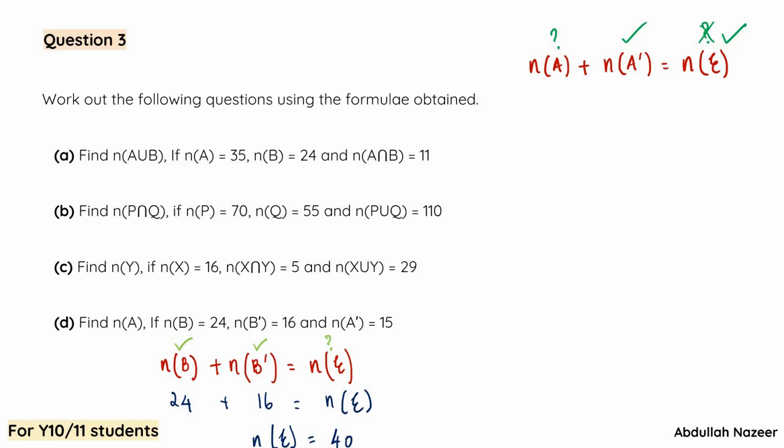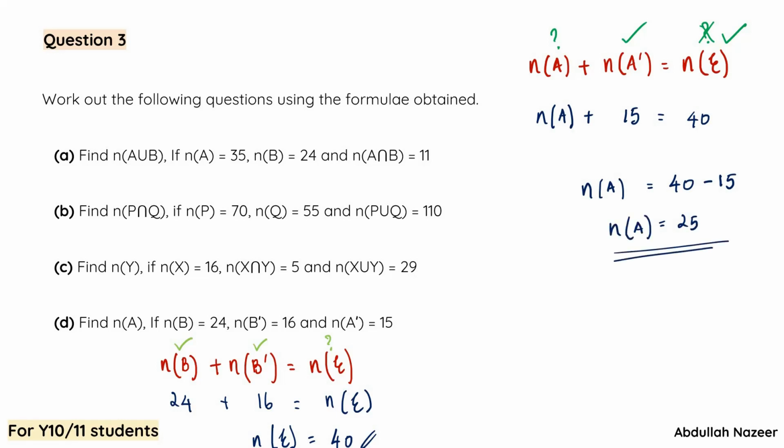So n(A) is the question mark. n(A complement) is 15 and n(universal set) is 40. We just found it. So n(A) is basically 40 take away 15, which is 25. So the number of elements in set A is 25.